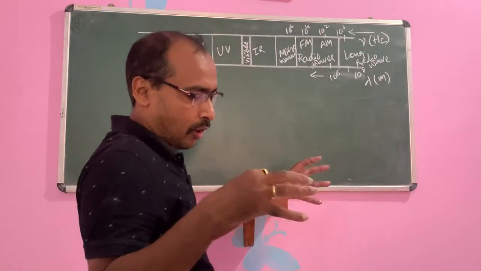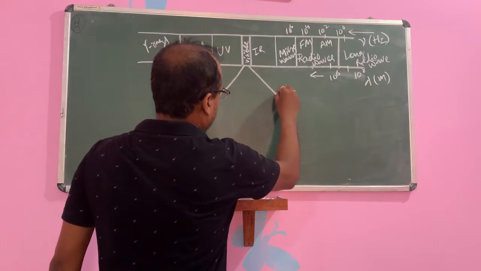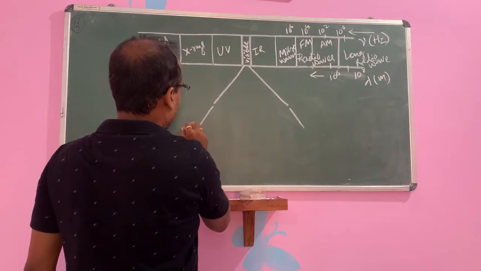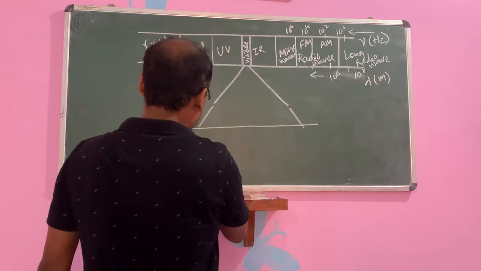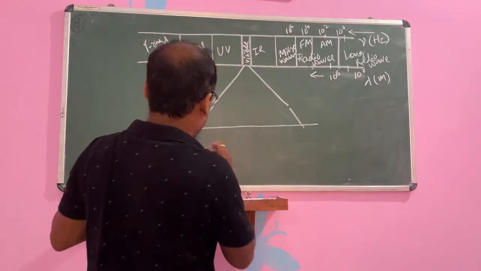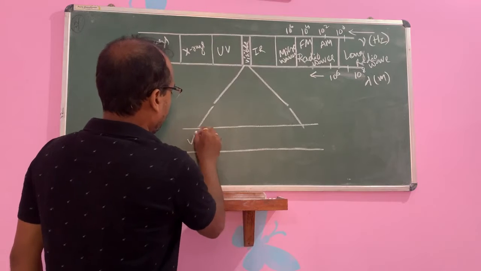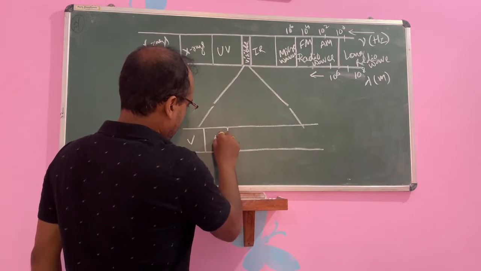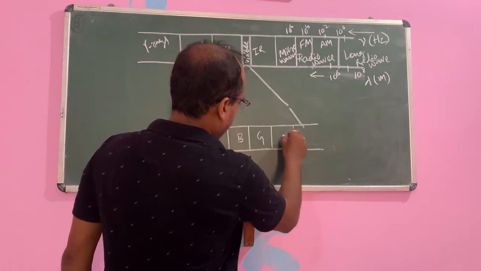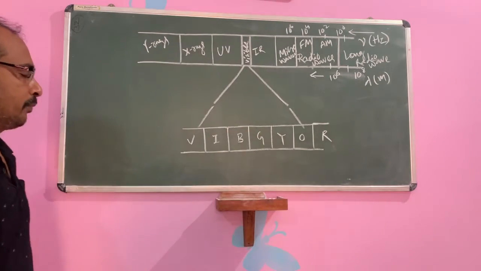If we zoom or expand this one, then we will get V, I, B, G, Y, O, R, VIBGYOR.